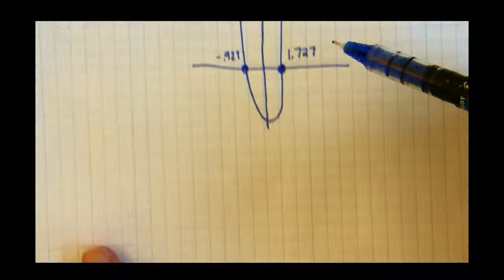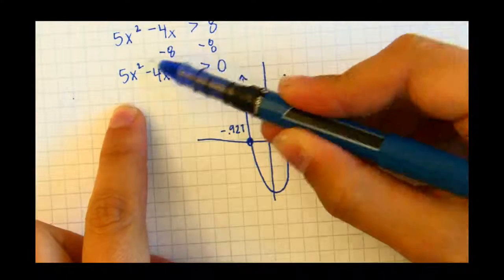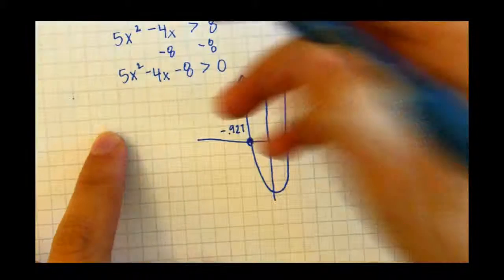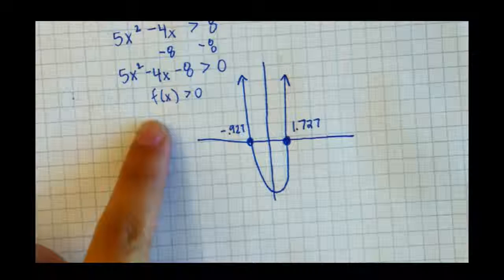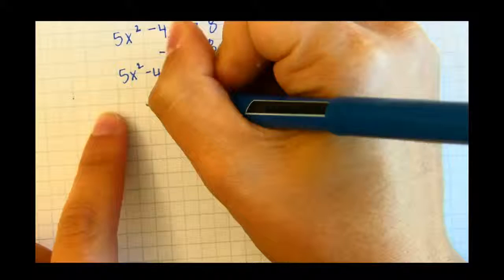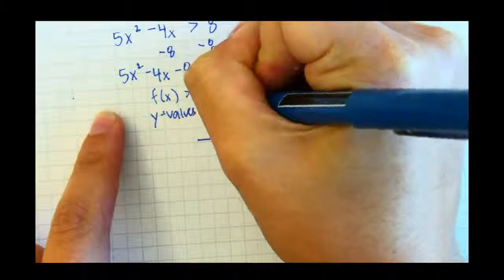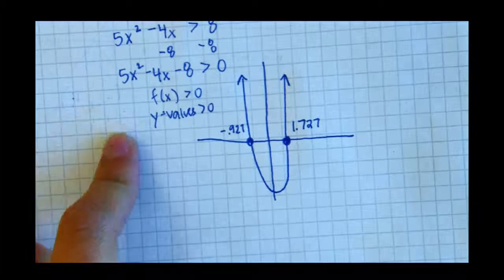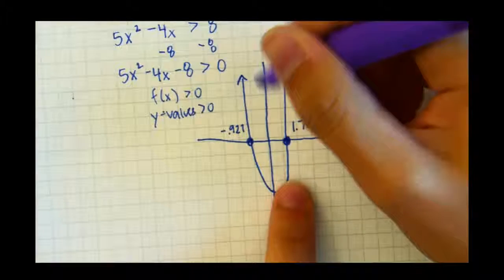So at this point, this time I'm looking at where is my function greater than 0. So where is f of x greater than 0? And whenever I see f of x, I want to think, where are my y values greater than 0? So if my y values are greater than 0, I'm looking along my y-axis.